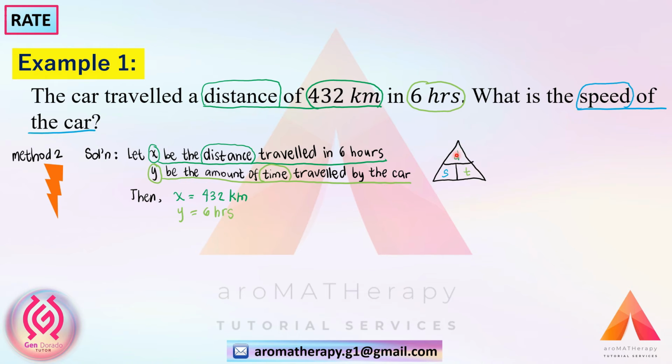Again, kapag si D yung hinahanap, we just need to multiply S and T. Kapag si T yung hinahanap, we need to divide D by S. Now, we are asked to find for the speed of the car. So, S is equal to D over T. This is also the same as X over Y since we let X be the distance and Y be the amount of time. Understood?